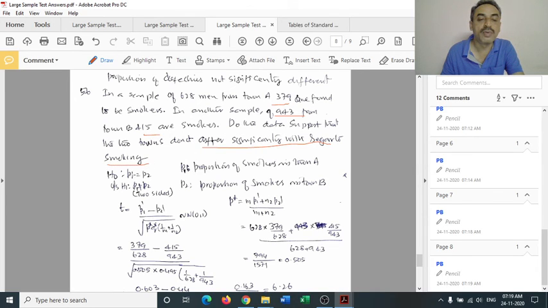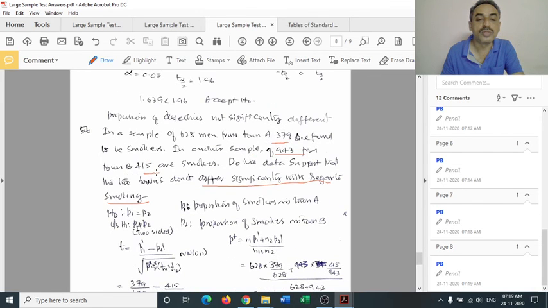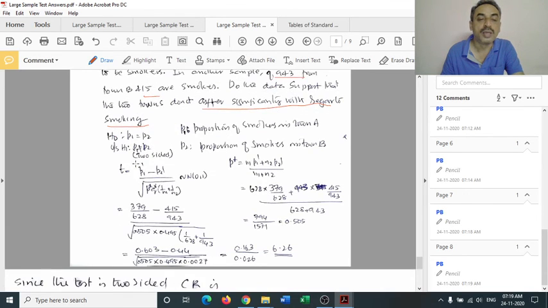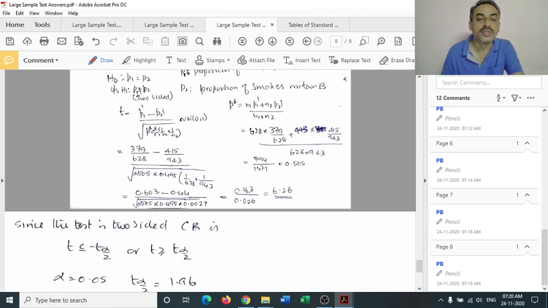If you treat P1 and P2 as the proportions of smokers in town A and town B, we have to examine whether P1 equal to P2 against P1 not equal to P2. That means the test is two-sided. Again, the statistic is this, where P1 is the proportion of smokers from town A and P2 the proportion of smokers from town B.